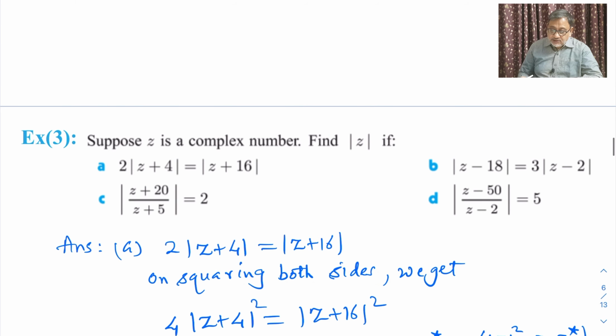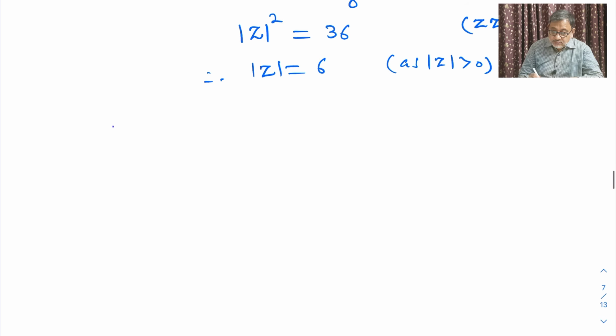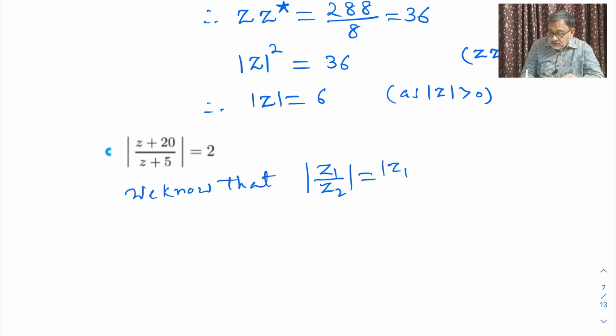Now C part, I will copy it there. Okay. Now here we know that modulus of z1 over z2 can be modulus of z1 over modulus of z2.